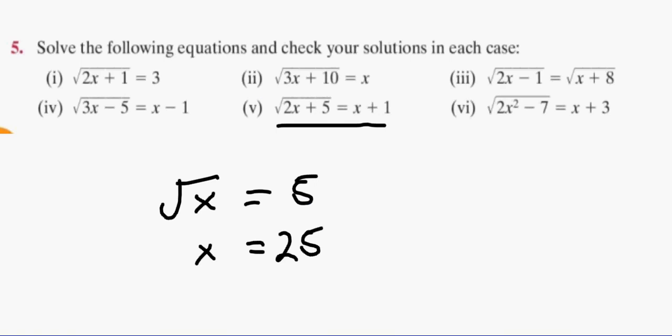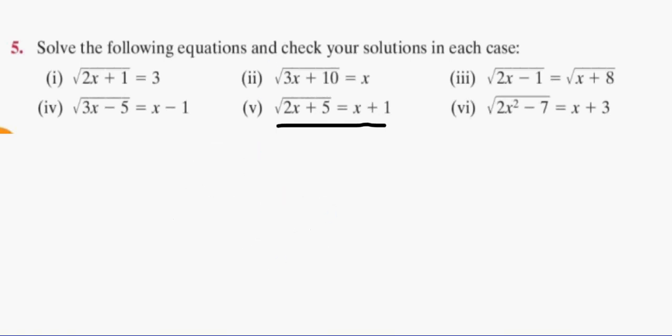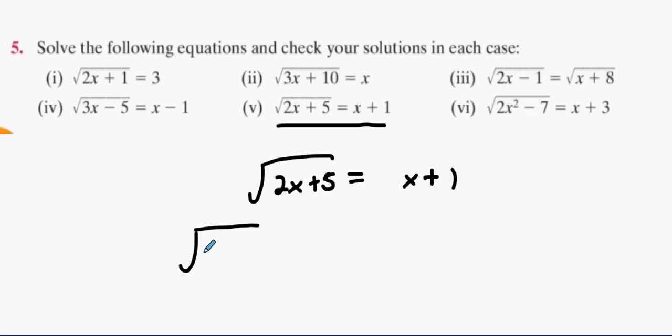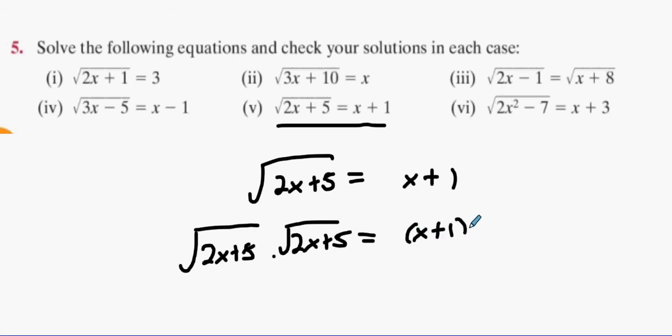Alright? Could anybody tell me how to do part 5 then? What happens to both sides if I square it? So essentially you're multiplying both sides by themselves. So I'm multiplying the left side like this, and I'm multiplying the right side by itself as well. That's what squaring both sides means.